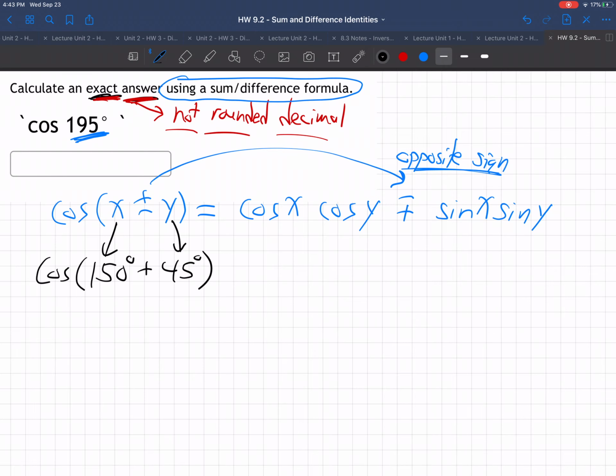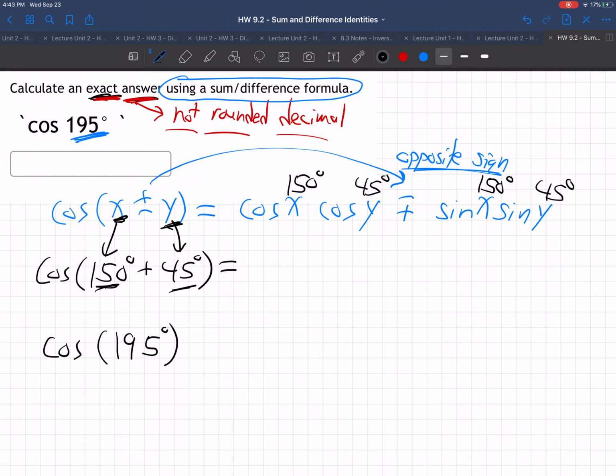Y is going to be 45, because that is the cosine of 195, isn't it? That's the same as the cosine of 195. That way I can find the cosine of 195. So everywhere we've got x, we now put in 150, and y is 45, so I'll put in 45 for y.